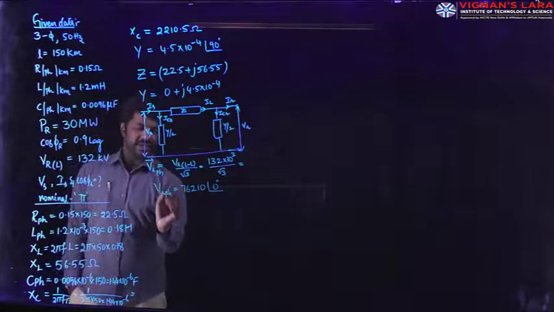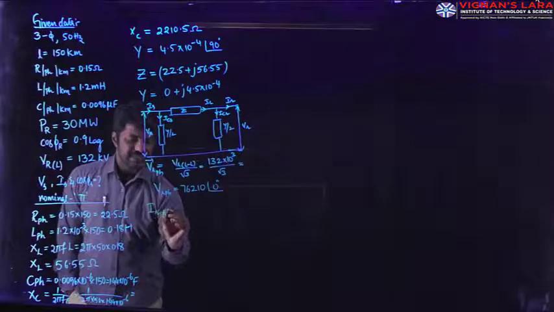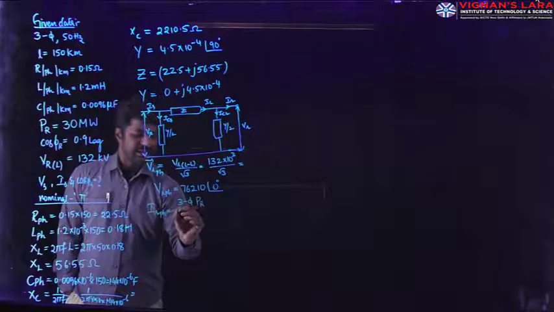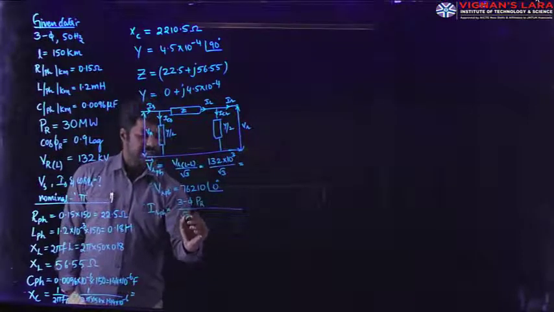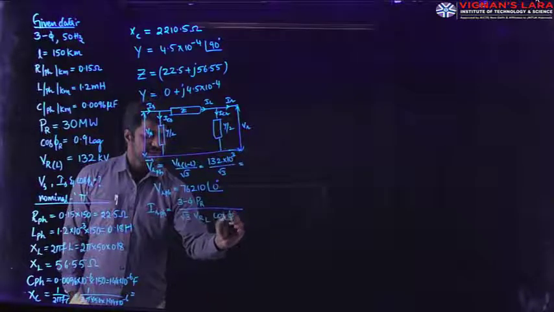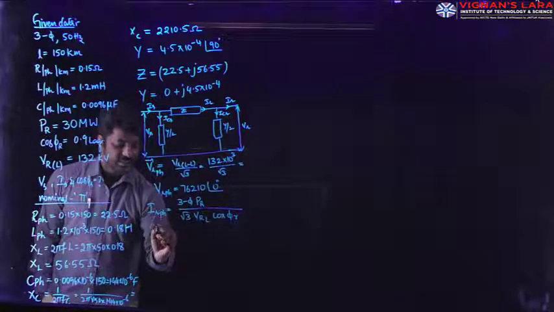Once VR is known to us, then we can calculate the current IR per phase, which is equal to the three-phase receiving end power PR divided by root 3 VRL cos phi R. This is our formula, from the previous classes also.